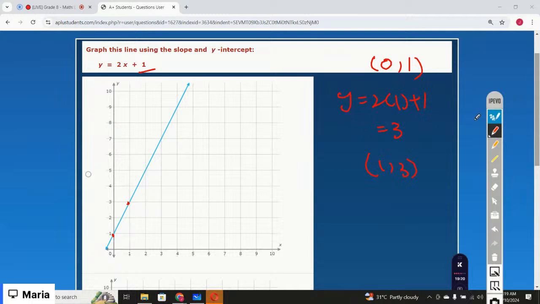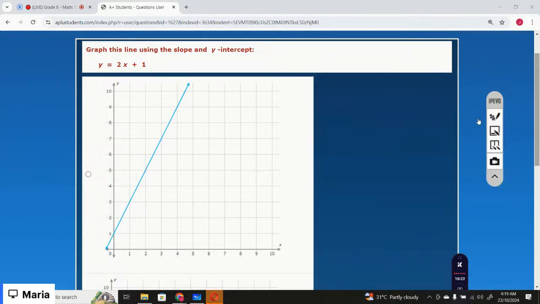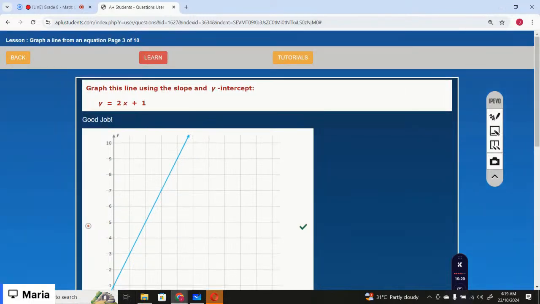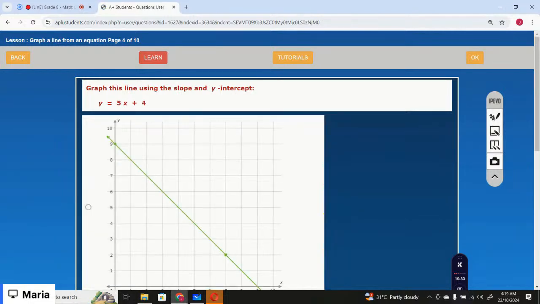So the correct option is option number 1. That is 0, 1 and 1, 3. Option number 1 is the correct option. Okay, graph this line using the slope and y-intercept.